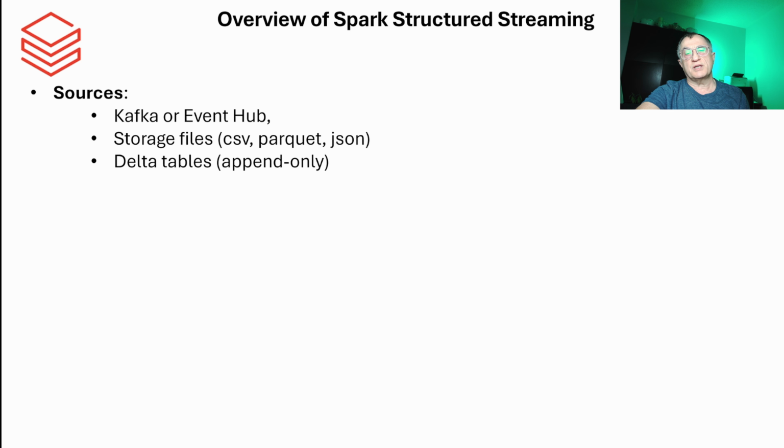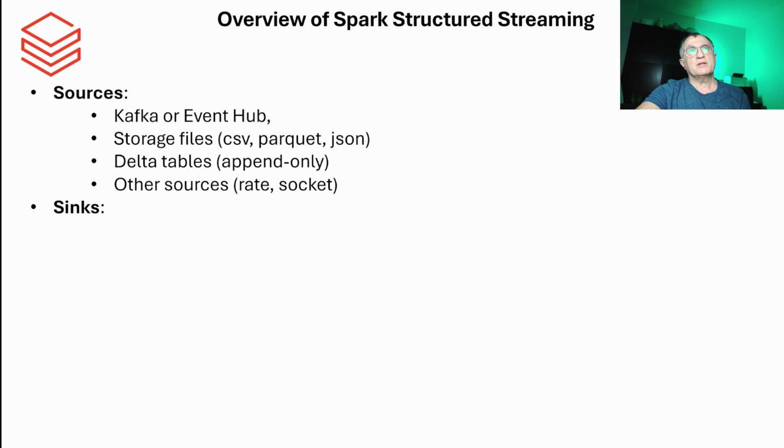However, keep in mind that these tables need to be append-only. So if your Delta tables require some updates or deletes, you won't be able to build downstream streaming pipelines from these tables. And then there are some other sources which are more useful from a testing perspective. I have listed some of them here, like rate and sockets.